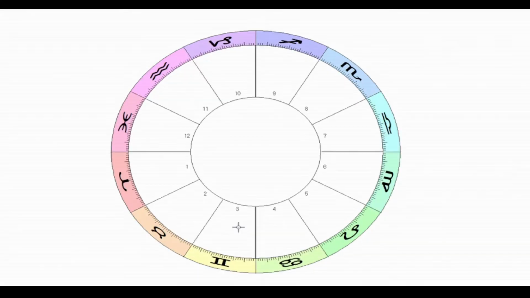Okay, so really quick, I'm just going to point out the seasonal points. So we have the winter solstice right here, which is when the sun moves from Sagittarius to Capricorn. And then over here we have the summer solstice, June 21st, when the sun moves from Gemini to Cancer. Then over here we have the equinoxes.